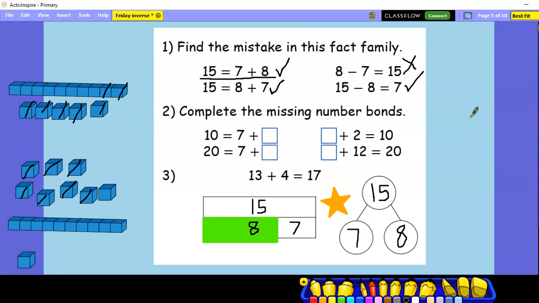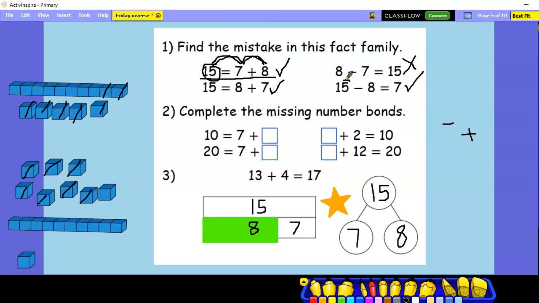Okay, so can you see how I checked the work there using the inverse? The inverse means that take away is the opposite to add. So if my 2 parts equal this answer, then if I take away 1 part from this answer, I should be left with what I start with.